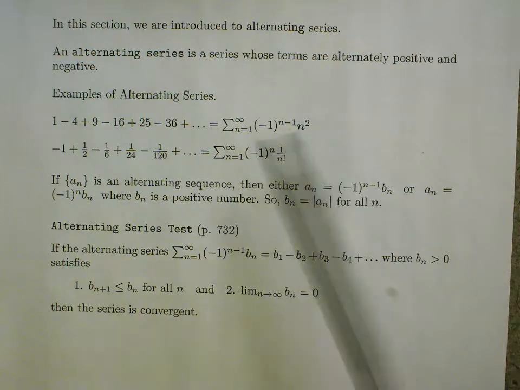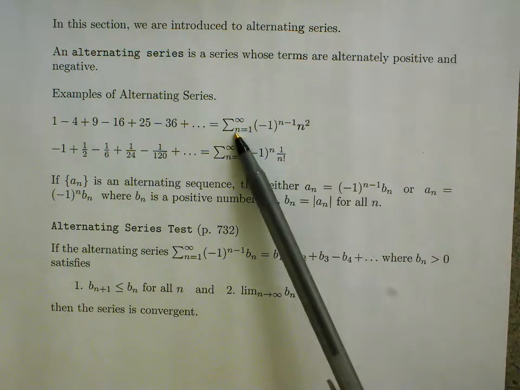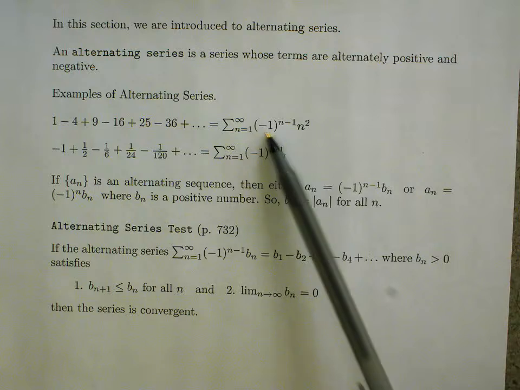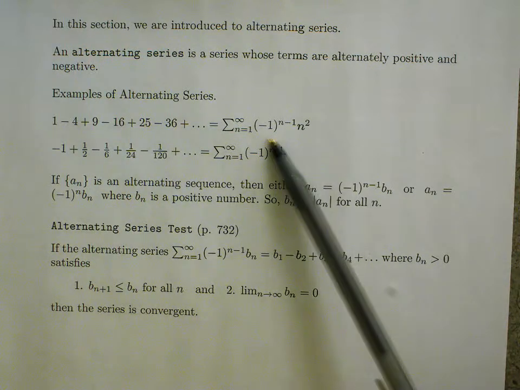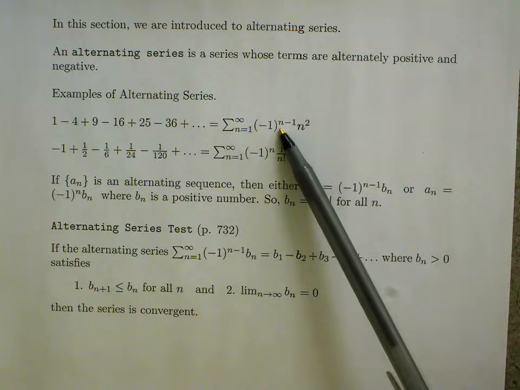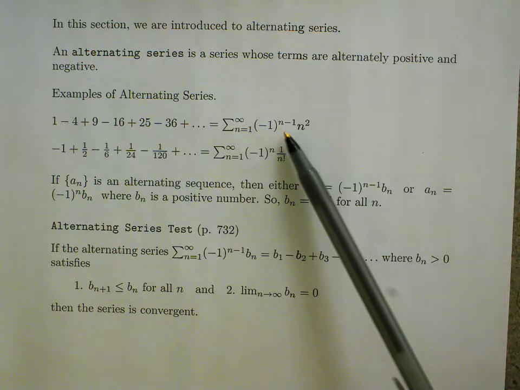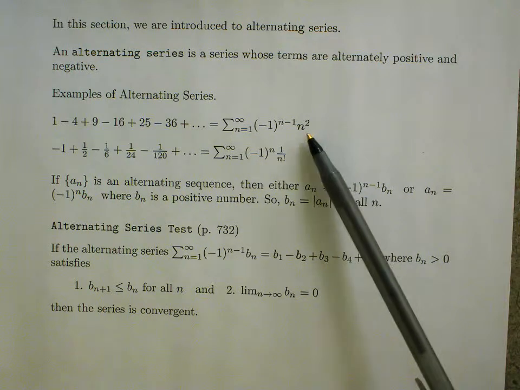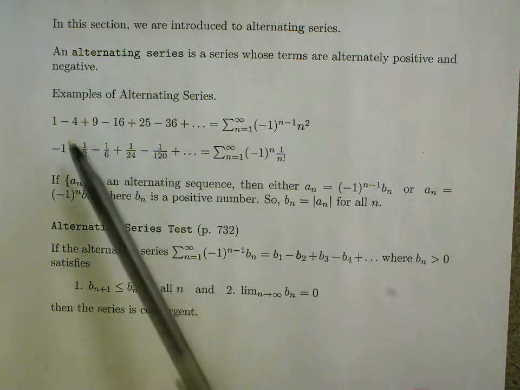In this one, since n begins with 1 and the first term is positive, we use negative 1 to the exponent n minus 1. And then the other numbers are n to the second.